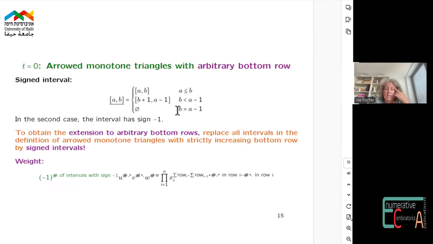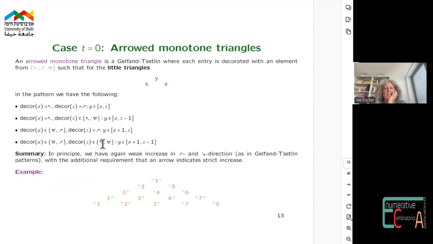So that's a signed interval. And if you're in the second case, then you say that the interval has sign minus 1. So you give this second case, where you have swapped, a sign. And then you can just take this definition here, and that's the reason why I wrote it in this way with the interval, and replace all intervals by signed intervals.